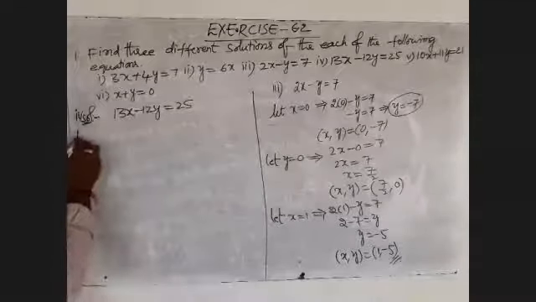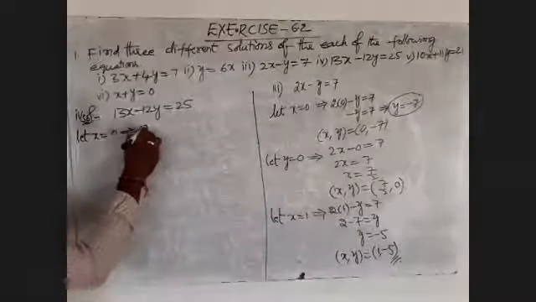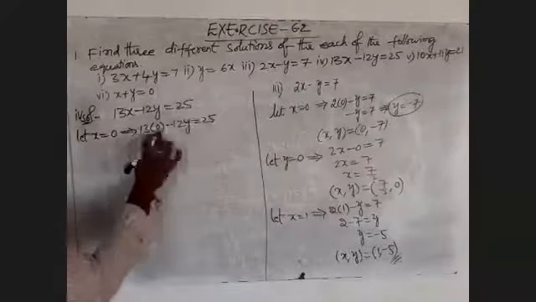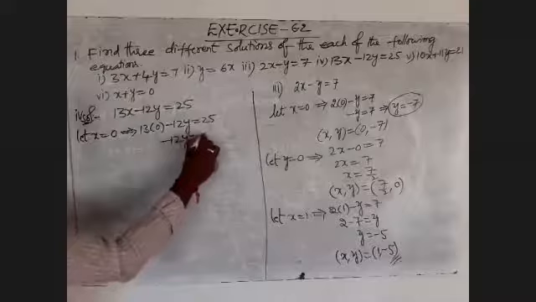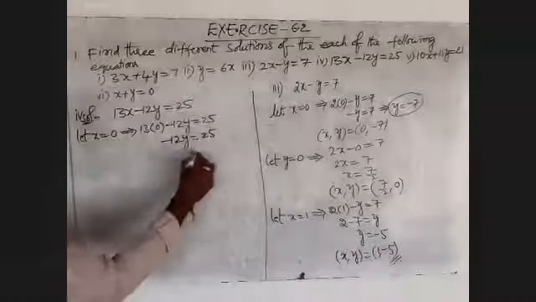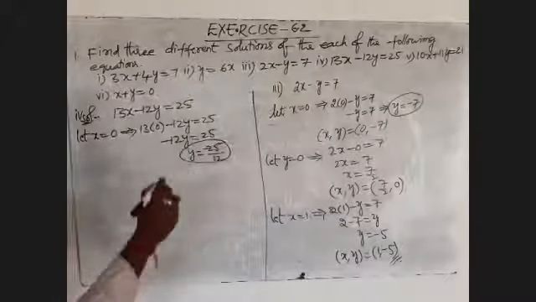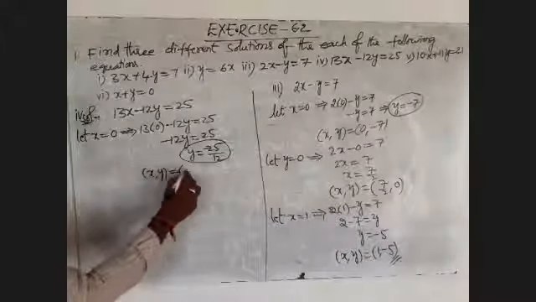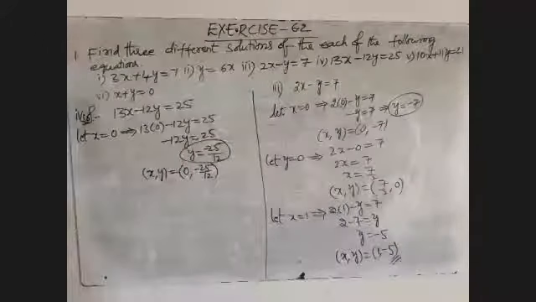First let x is equal to 0, then 13 into 0 minus 12y is equal to 25. 0 into any value is 0. Remaining, minus 12y is equal to 25, so y is equal to 25 by minus 12, that is minus 25 by 12. The ordered pair (x, y) is (0, minus 25/12).